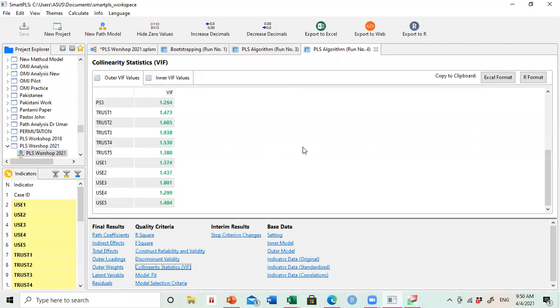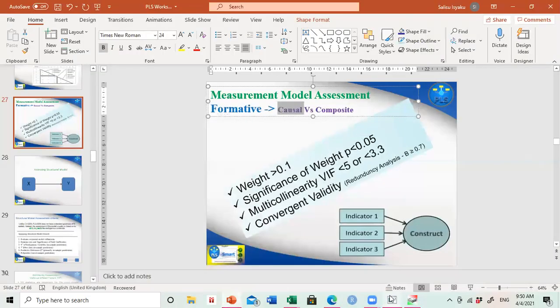Now, all you need is the VIF of your formative items. What are the formative items used? This one, 1, 2, 3, 4, 5 are formative. So you look at the VIF. Are they greater than 3 or greater than 5? If they are not, then you accept, you have achieved no collinearity between the items. There are two schools of thought: some say it should be 5.